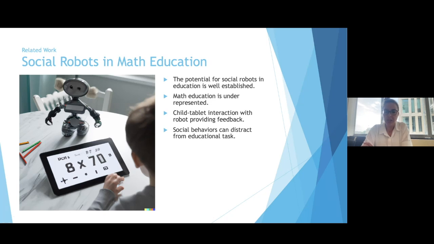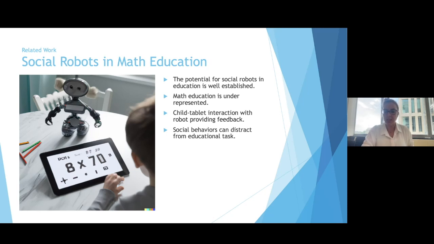So we were using research where we were looking into how social behavior can also be used, that we look into the intertwining of social behaviors and the math task, because we know that getting feedback during educational processes helps a lot and can be very motivating for children to study new things. Especially it has been established that for subjects like math, it could help if children would get more interactive feedback.